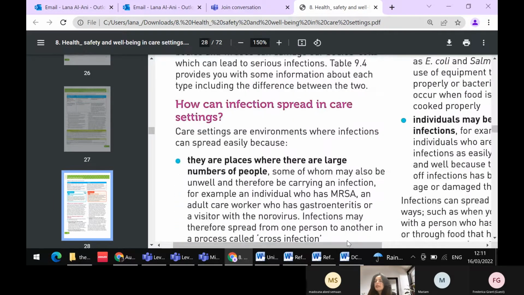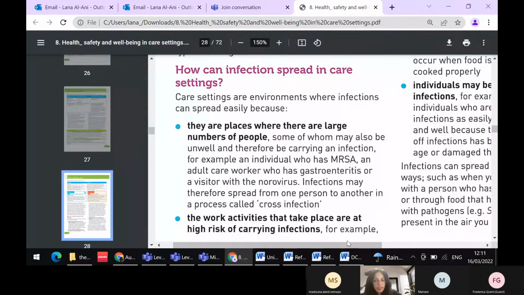So how can infections spread in the care setting? And as well, we can say the person I'm looking after has to be clean as well. Very good, because he can spread the infection as well. Excellent.